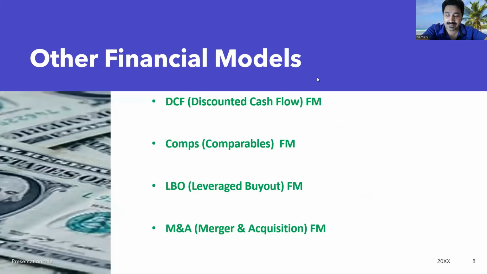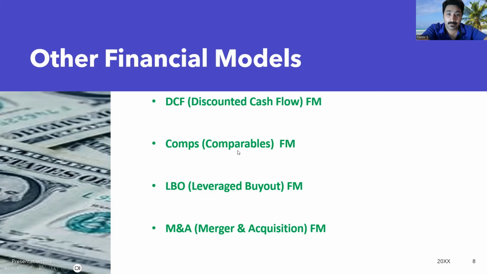Now, we discussed in detail a three-statement financial model, but to complete the discussion, we also need to cover the other important financial models that are in demand in the market, that people are using across different enterprises. The first one is the discounted cash flow financial model, called DCF.